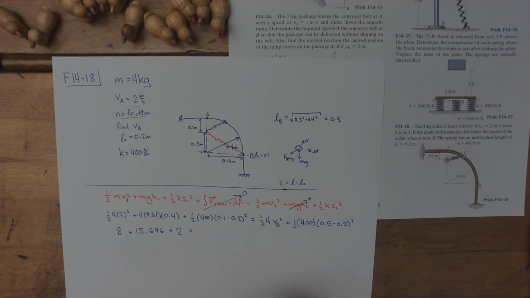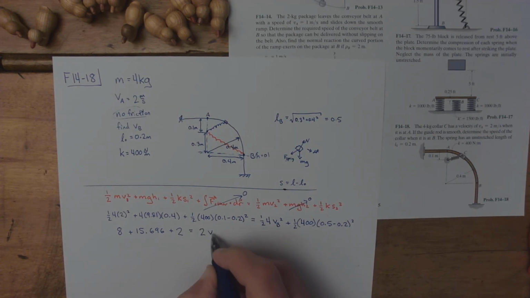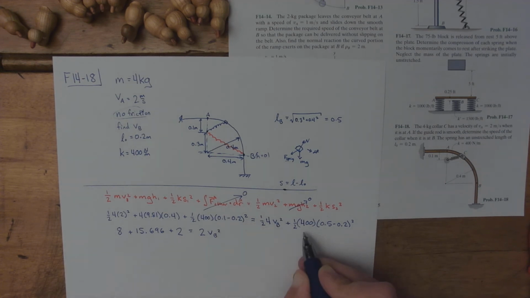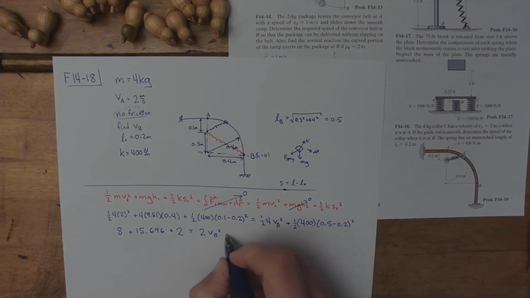Then 1/2 of 4 is 2, and this is 1/2 times 400 times 0.3 squared, which is 18.